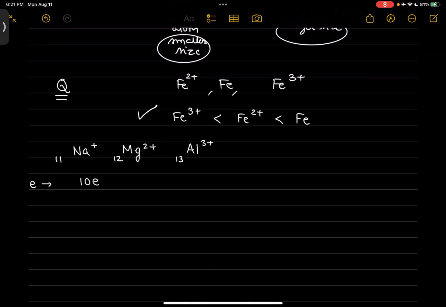How many electrons in magnesium? 10, right? So 2 I remove. And for aluminum, 13, I remove 10. Very good. Is it clear? Yes, sir.